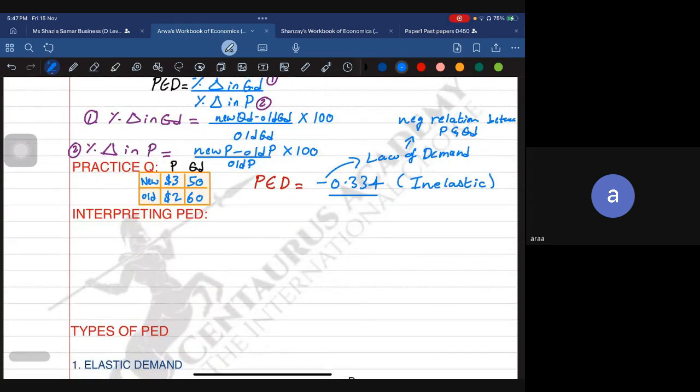Okay, interpreting PED. If PED is greater than 1, what does it mean? If it's greater than one, then that product has price elastic demand.